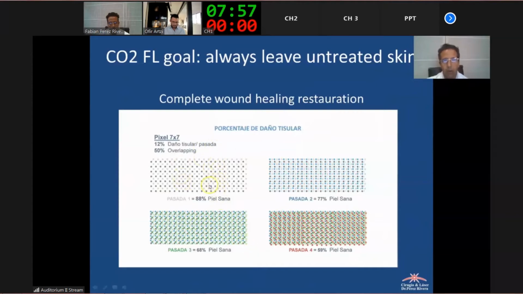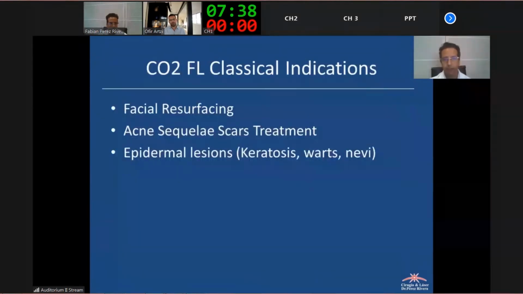If we pass only one time, we obtain 80% of untreated skin. That's why it's really safe. But even if we pass 4 times on the surface of the skin, we still have close to 59% of untreated skin. And in this way, we can avoid, for example, scars.